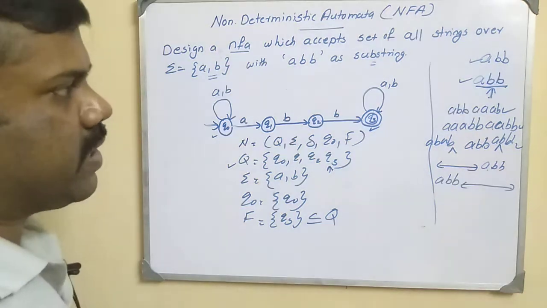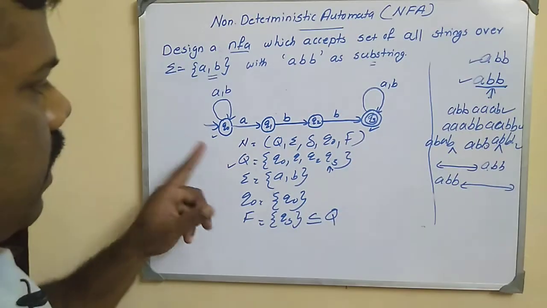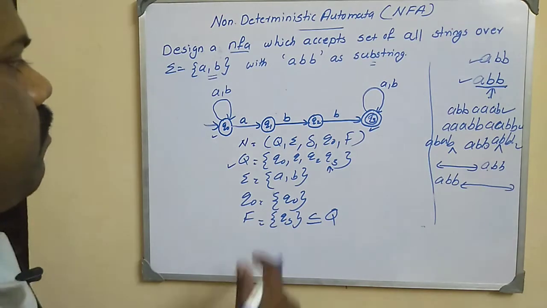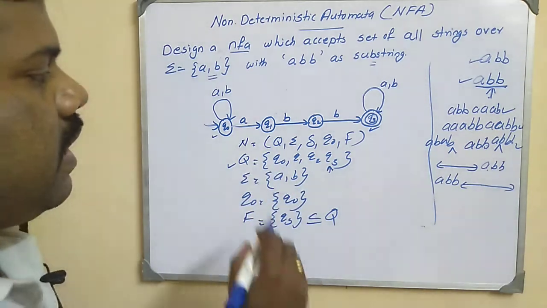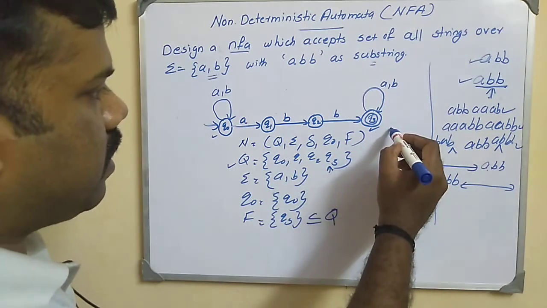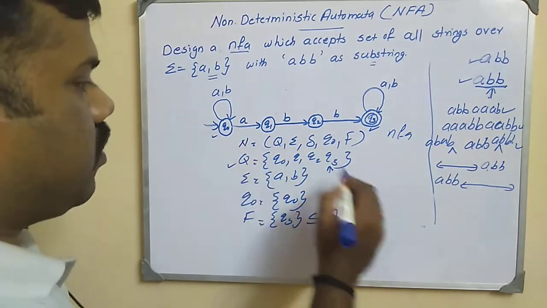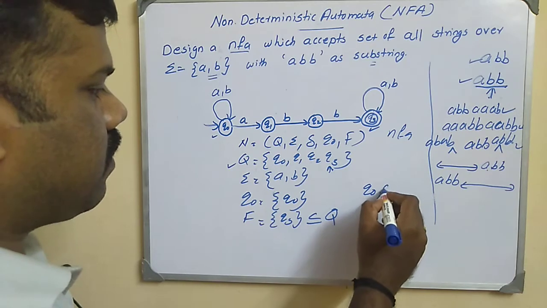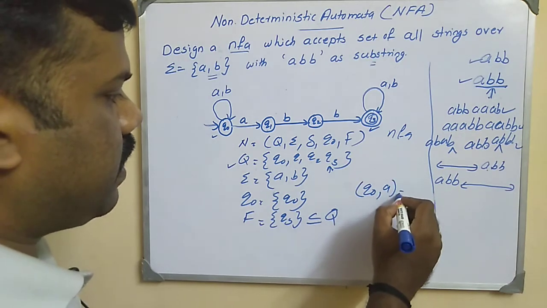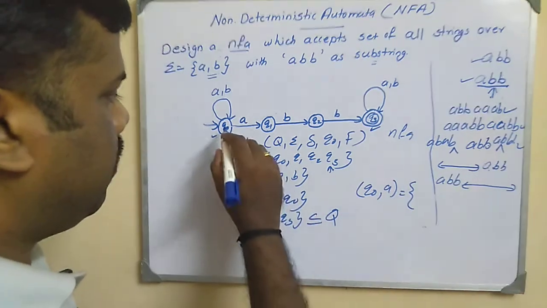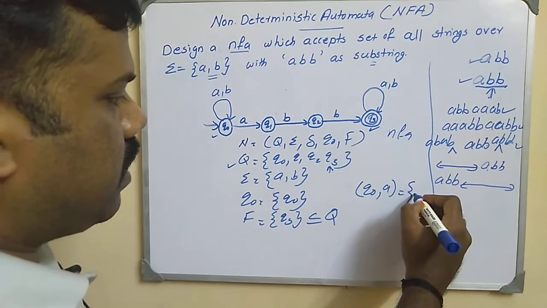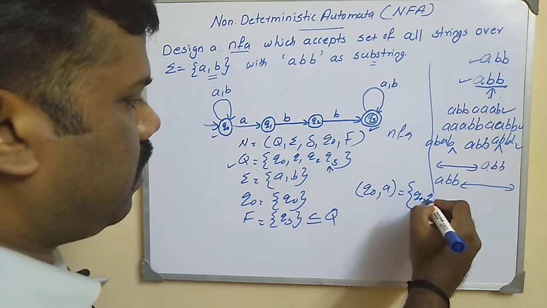We have to identify that this transition diagram is an NFA because for Q0, for input alphabet A, there are two transitions, Q0 and Q1.